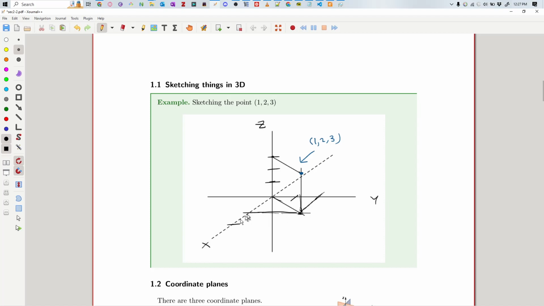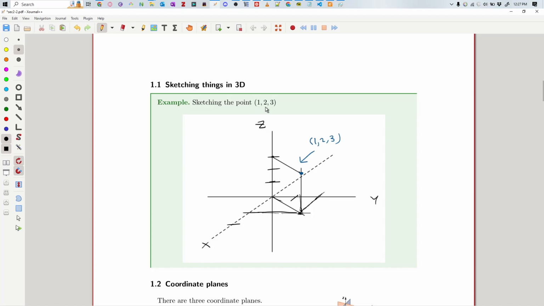So notice that the tick marks for x ought to lie parallel to y, and the tick marks for y should be parallel to the x axis. You can imagine that this ends up creating a grid for the xy plane.